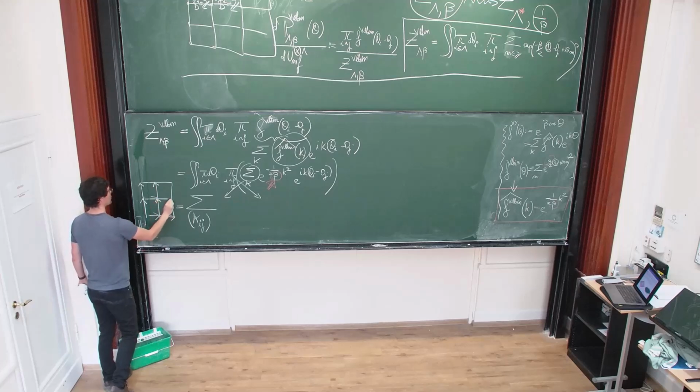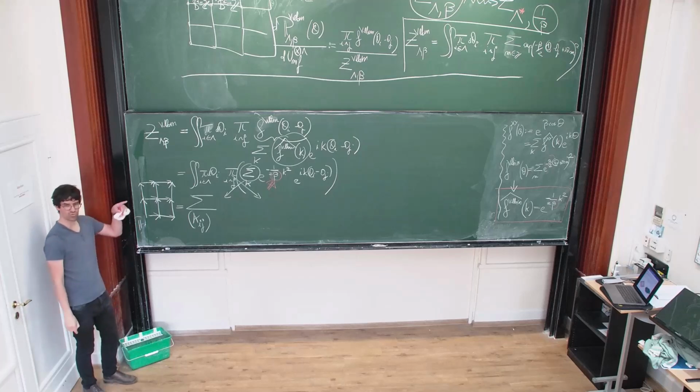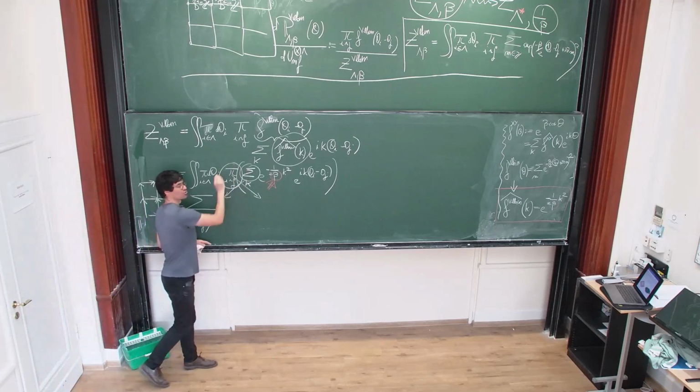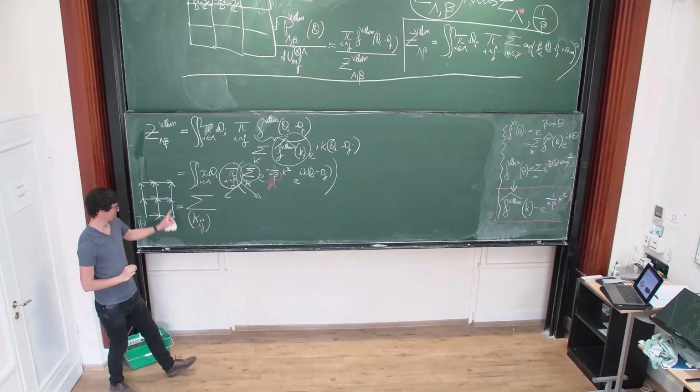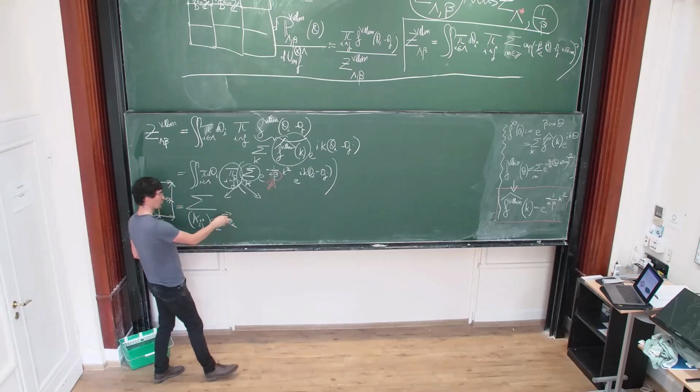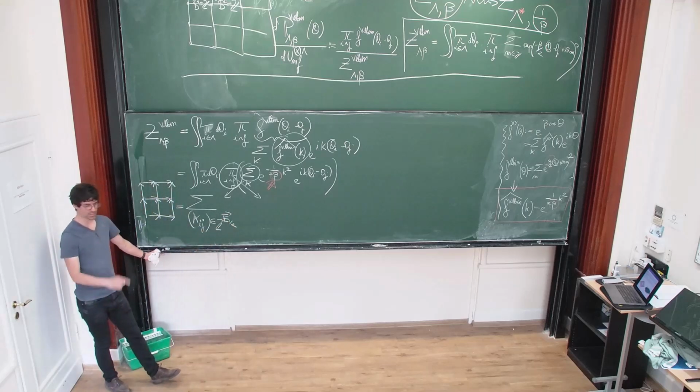There are probably better ways to write this down, but for each edge I choose one orientation, because this product is along non-oriented edges. On top of this oriented edge, I choose one integer k ij. So those are in Z to the power of the edges, but I have chosen only one direction for each edge.